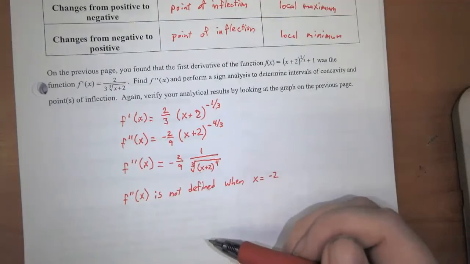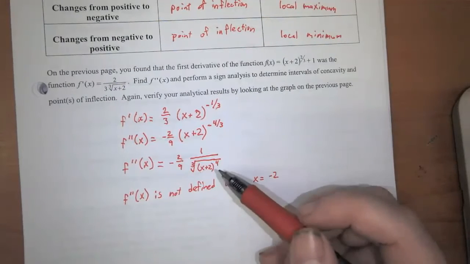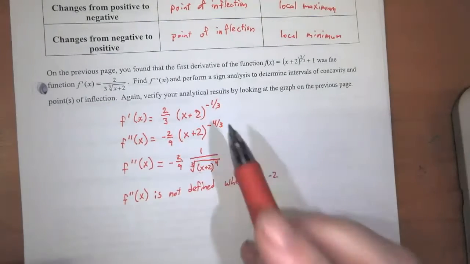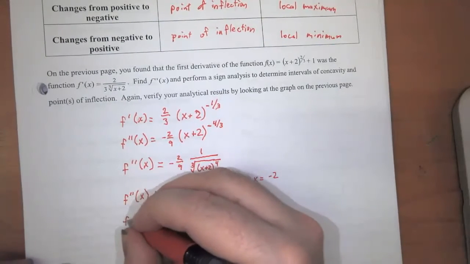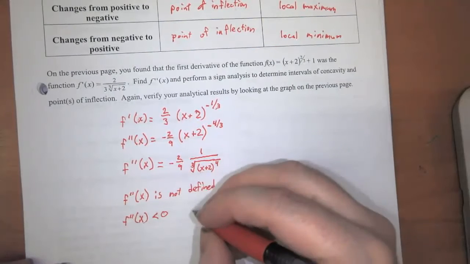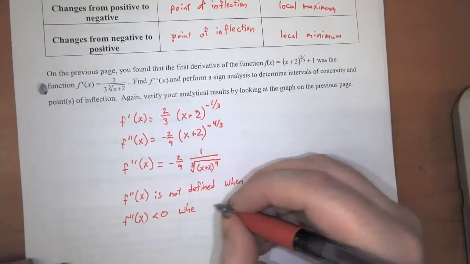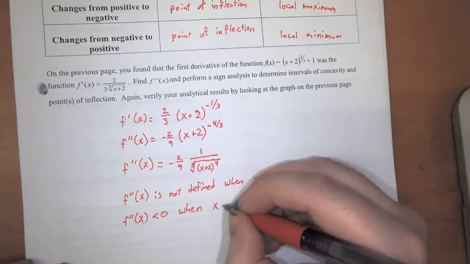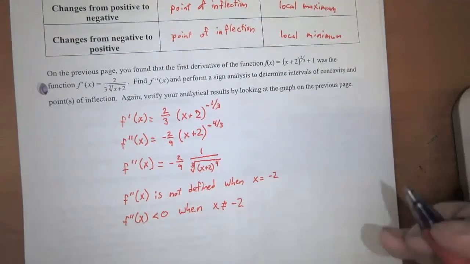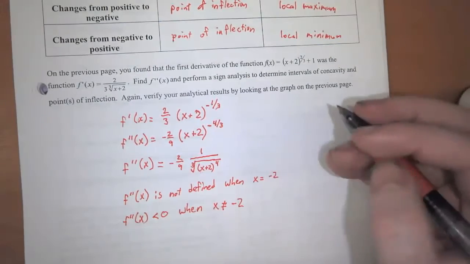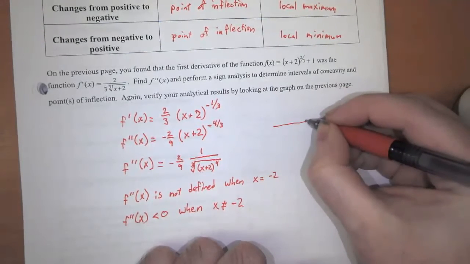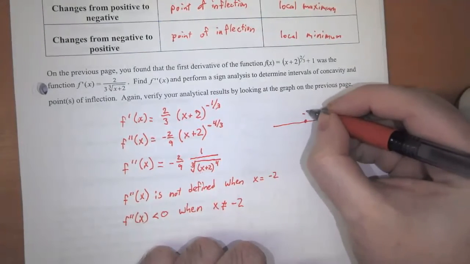So what's the overall second derivative going to look like? Well, it's going to be this negative fraction times this positive fraction. So f double prime of x is less than 0 everywhere x is not equal to -2. All right. So if we wanted to do the fancy way of doing sign analysis, we draw a number line and we think about -2.